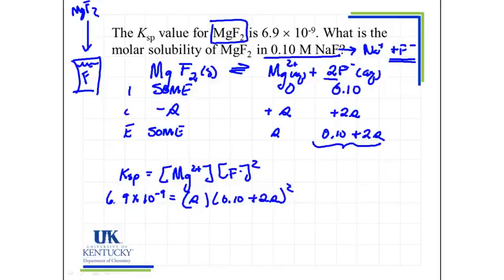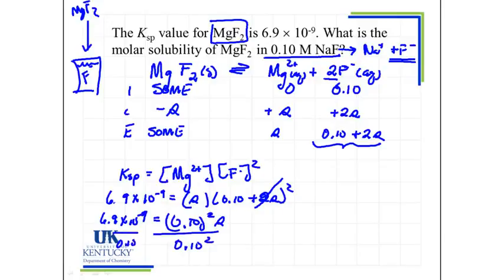We're going to see that this is true, but let's assume that that term can go away. That leaves me with 6.9 times 10 to the minus 9 equal to 0.10 squared times S. So if we divide both sides by 0.10 squared, we are going to have S equal to 6.9 times 10 to the minus 7.